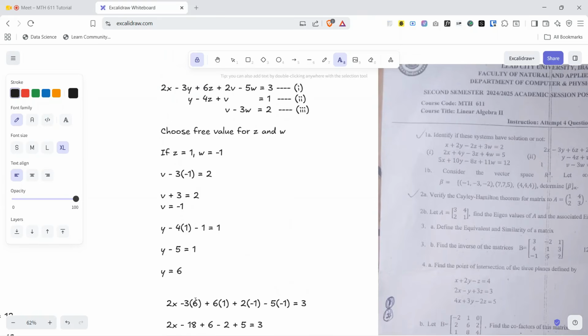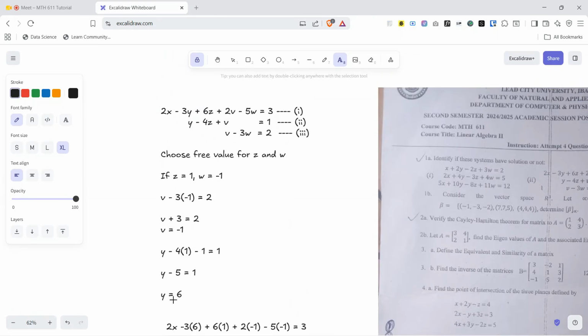Why did we not solve it the way we solved the first question? I don't know the reason, but I'm guessing the reason we have a free value here is because, for example, if we try to use y here, like solving equation 1, we will not be able to have an answer except we do something like v equals 2 plus 3w, plug it in where we have v, and then probably do the same thing here.